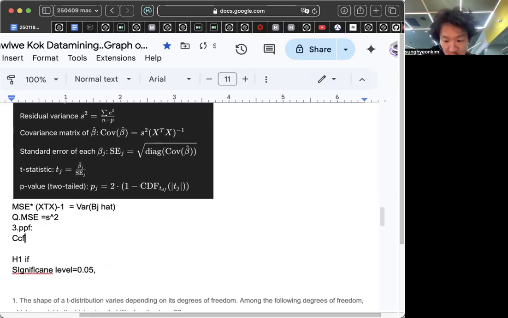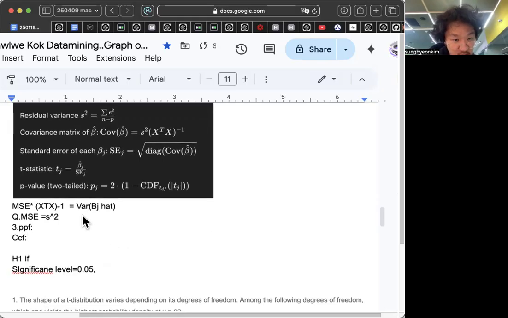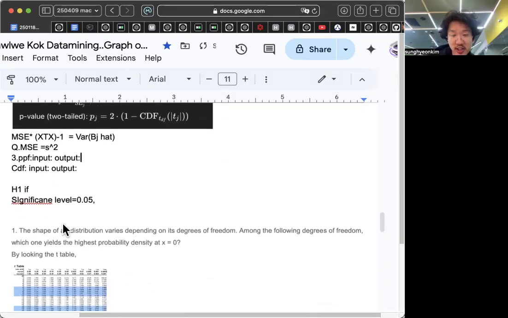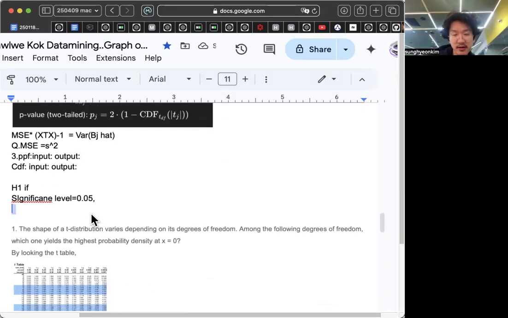The related functions in Python are ppf and CDF. The CDF takes the input and gives the output, and ppf is the CDF's inverse function: given the significance level, it gives the critical value. That's important.